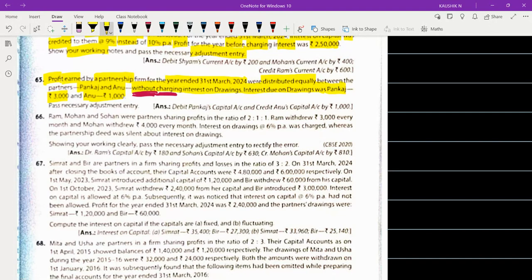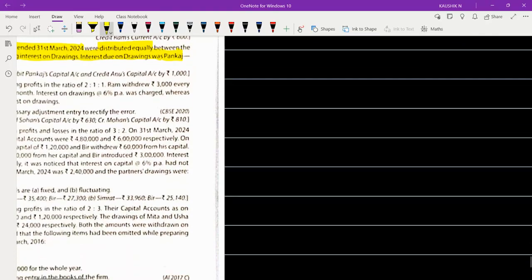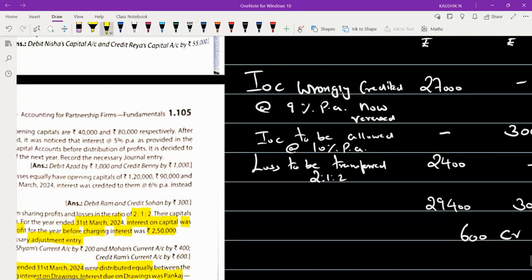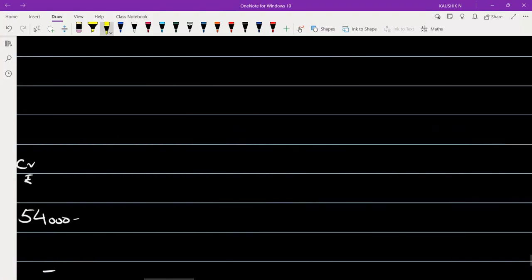So what needs to be done? Omission, we need to provide it. No other go. So just prepare the adjustment table. Okay. So let me prepare the adjustment table for this on the sideways. Who are the partners in this case? Pankaj and Anu.